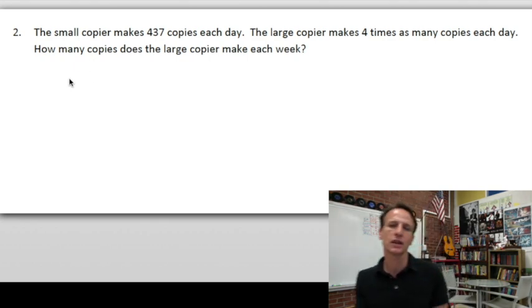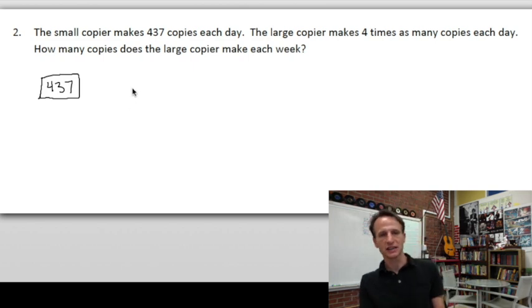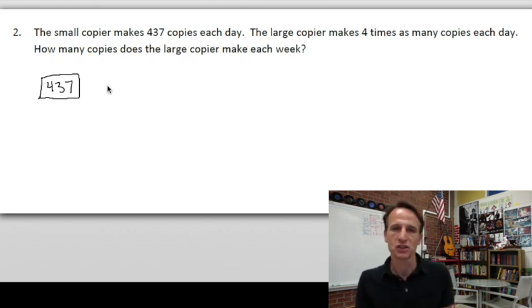So the small copier is making 437. So we read, let's draw now. Okay, so there's our small copier churning out 437 copies each day, probably jamming like Bob Marley, as we like to say in the teaching profession about copiers.